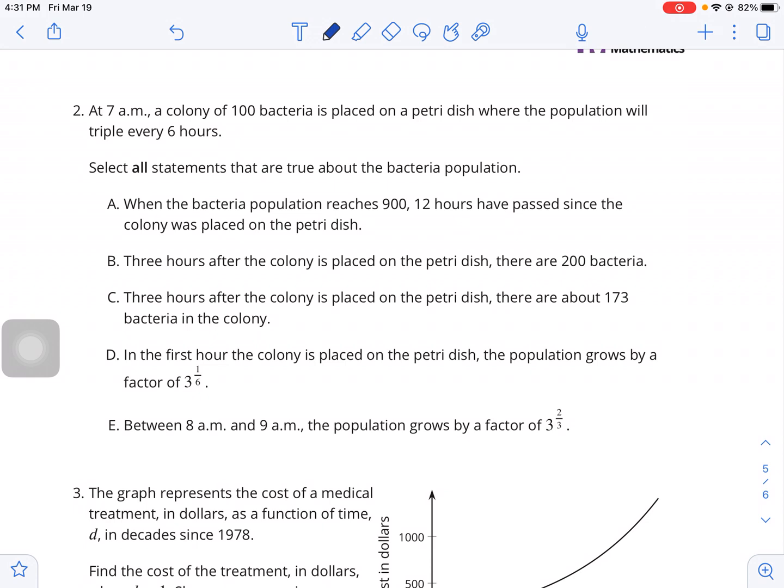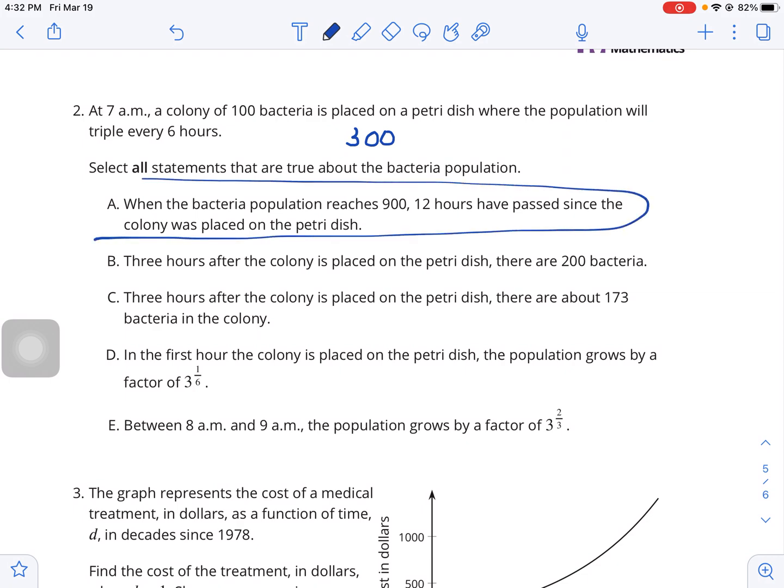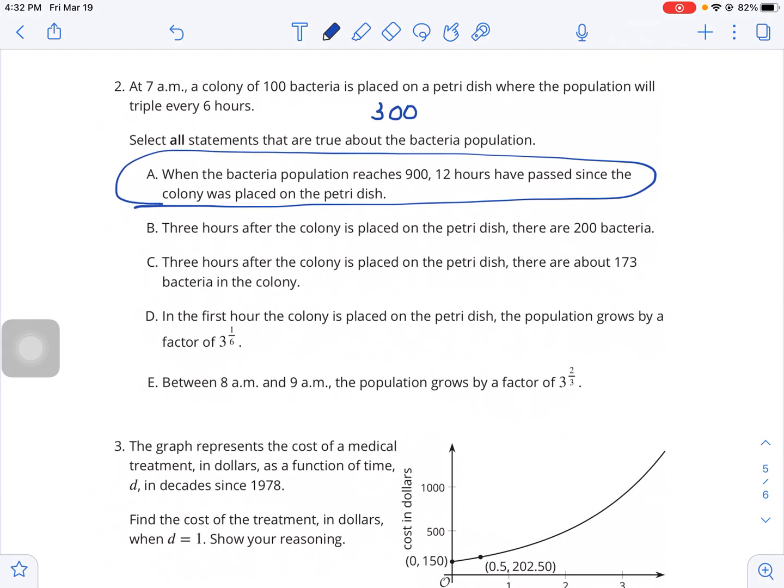So we know that it'll triple every 6 hours. And so, yeah, that's true, because at 6 hours it'll be 300, and then another 6 hours it'll triple again, so that will be 900, from 300 to 900.